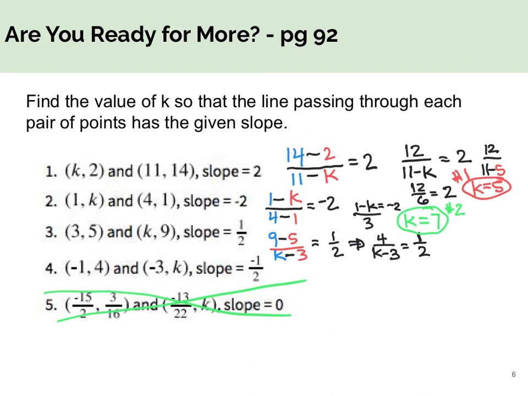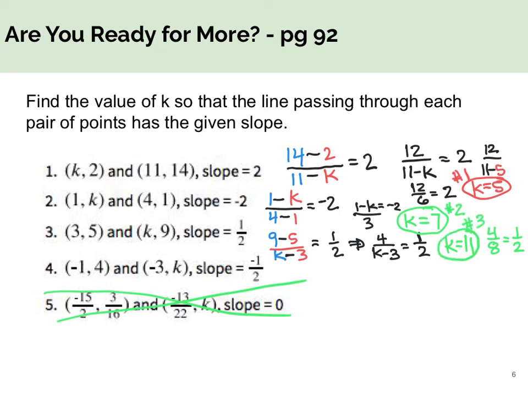If I do 11 minus 3, that makes that bottom part 8. So if I have k as 11, then that would work. Because if I do 11 minus 3, eventually I get 4 over 8, which will reduce down to 1 over 2.